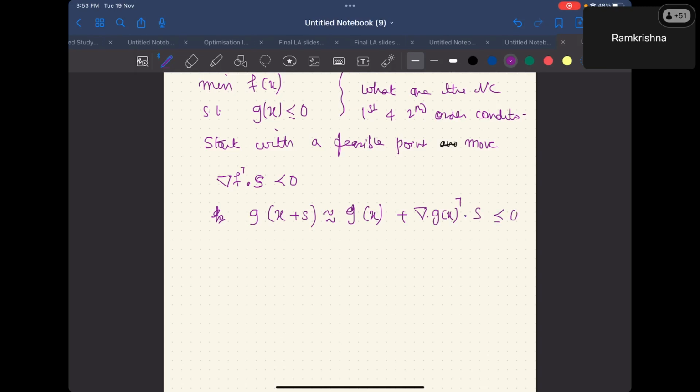This must be less than or equal to 0, because the search must be along the direction which satisfies the constraint. What is the constraint? g of x is less than or equal to 0. In the previous case, this was just a strict equality. Okay, now that is the distinction that we start with.